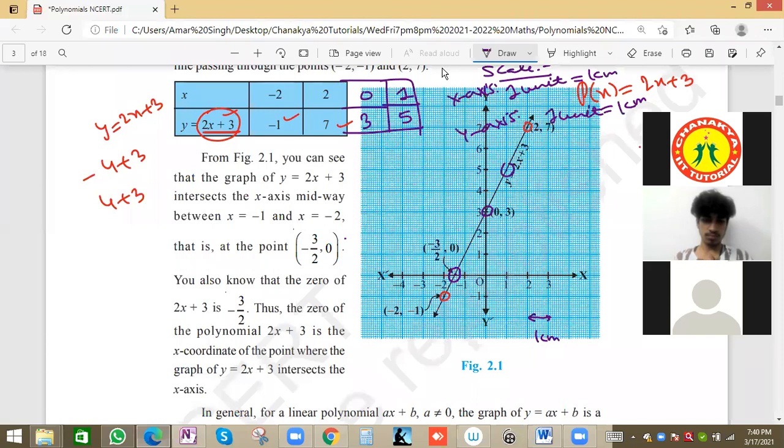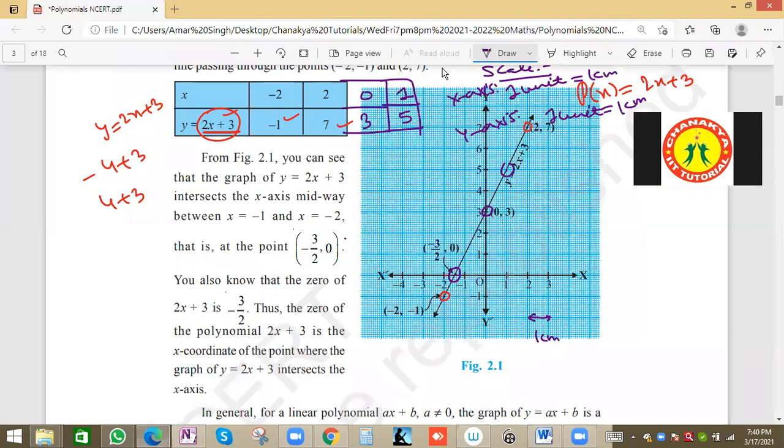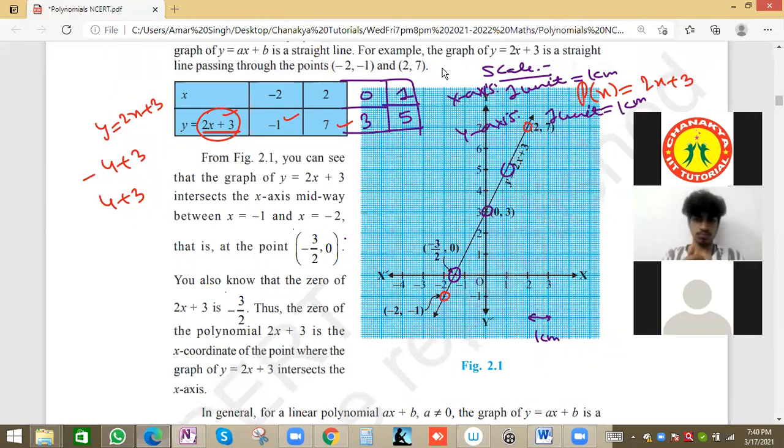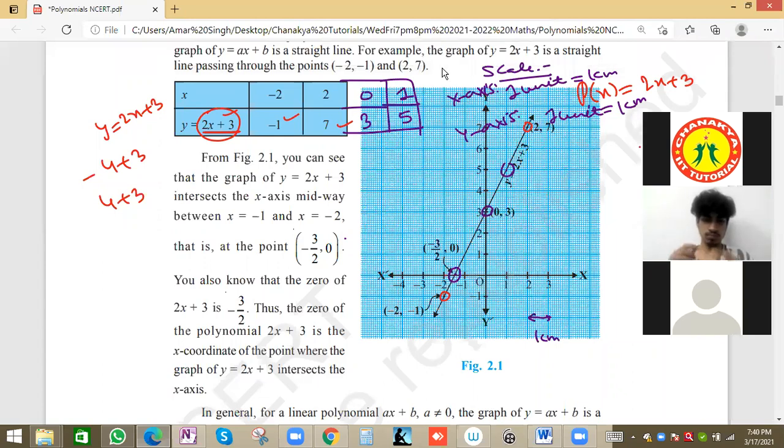This is the standard scale value we can write. Any two values we can take. 0, 3 is fine, 1, 5 is also fine. 0, 3 will be here, and 1, 5 will be this one. We can join and extend on both sides.